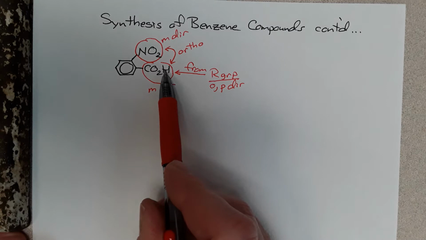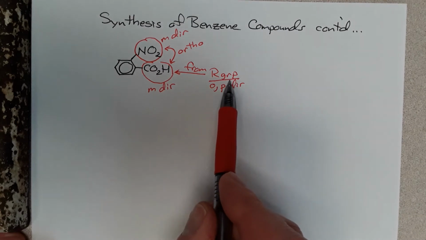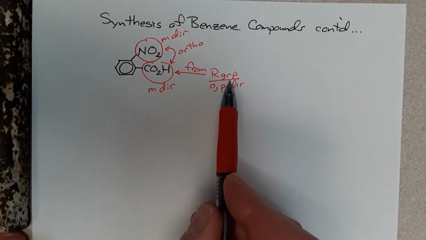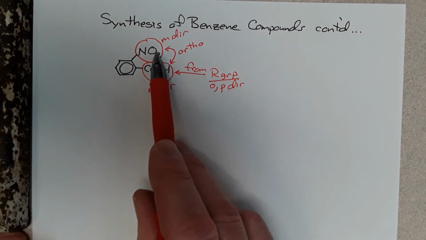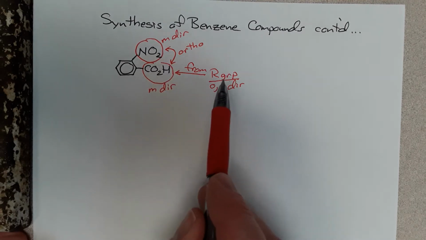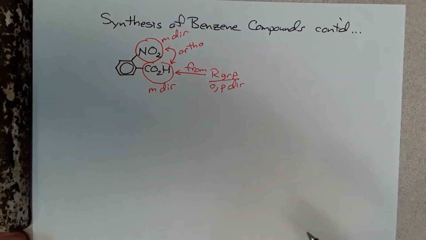Actually, make an R group, which is your ortho-para director, and then before you convert it, direct your nitro group to both the ortho and para positions, getting two products. Separate out those products, and then convert your R group to a carboxylic acid.